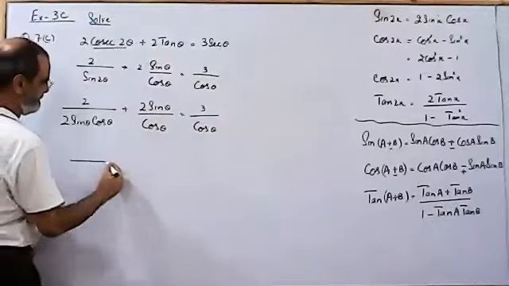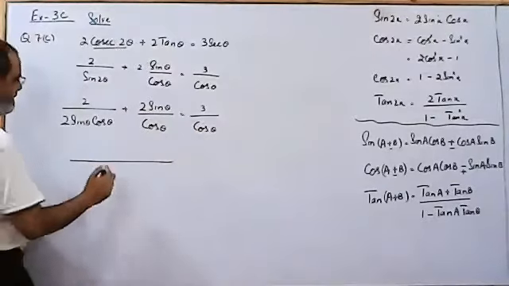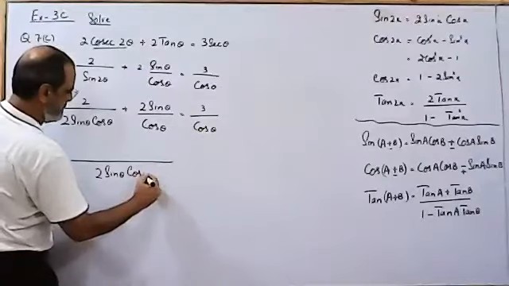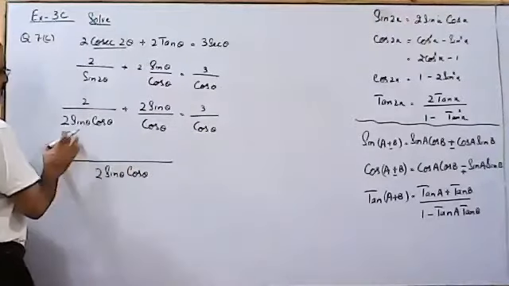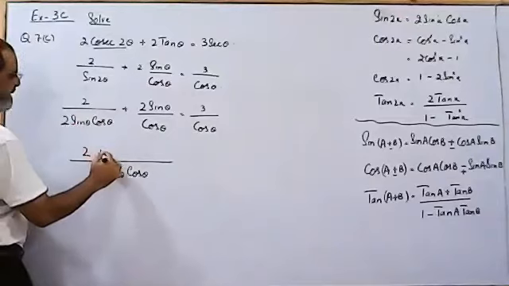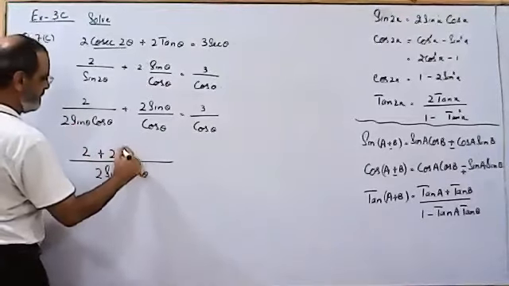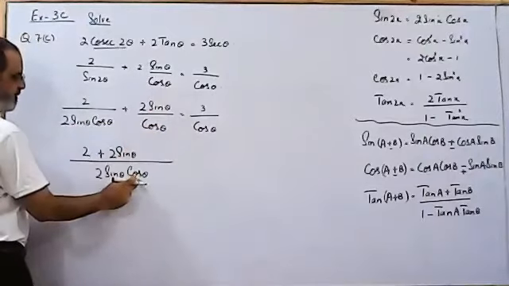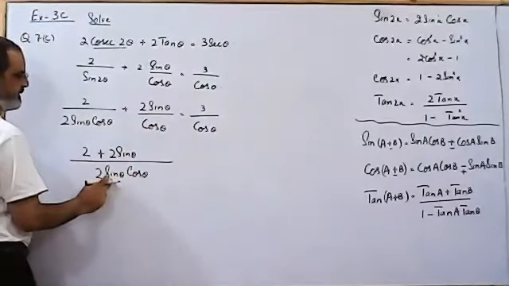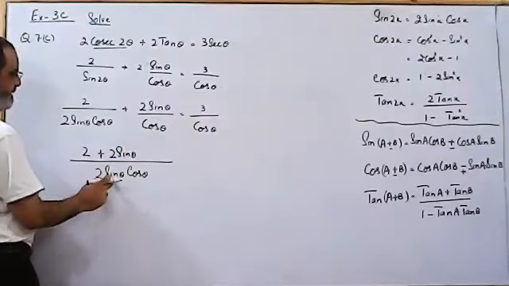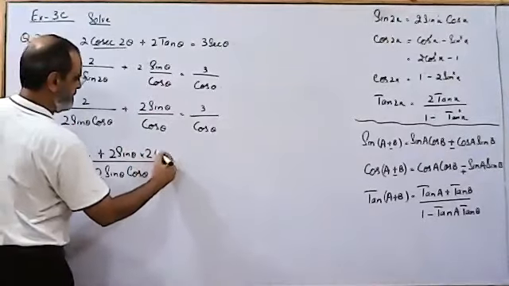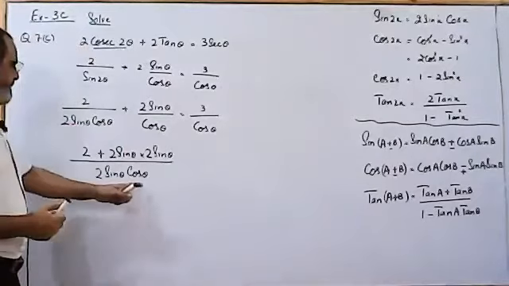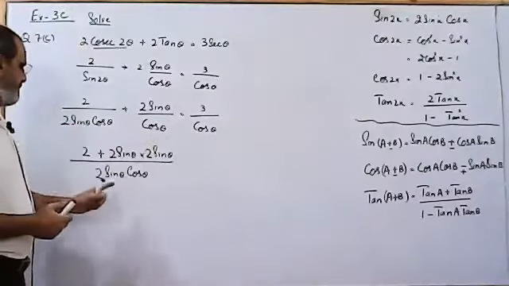Taking LCM on the left side, we get 2 sine theta cos theta. So it will be 2 plus 2 sine theta. This cos will be cancelled with the cos, so we get sine theta. If I divide this denominator by cos, I am left with 2 sine theta.